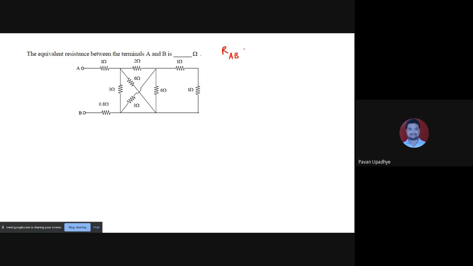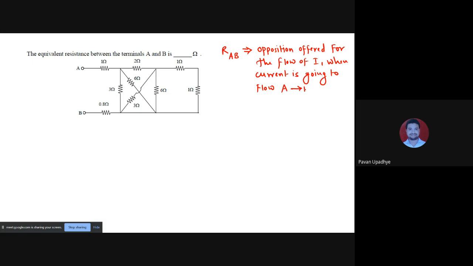Resistance between any 2 points A and B is actually the opposition that will be offered for the flow of current when current is going to flow from A to B. So in this case, if we keep this concept in our mind, let us assume current will enter from A and will come out of B. Now look at the circuit.